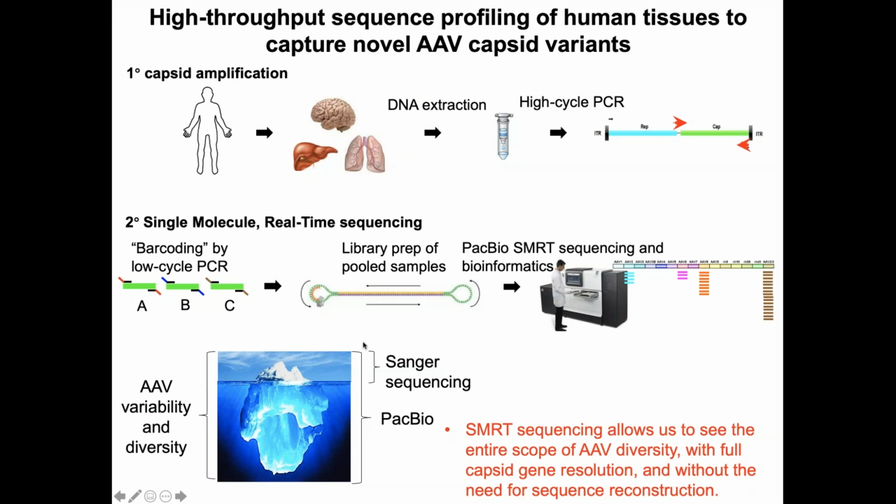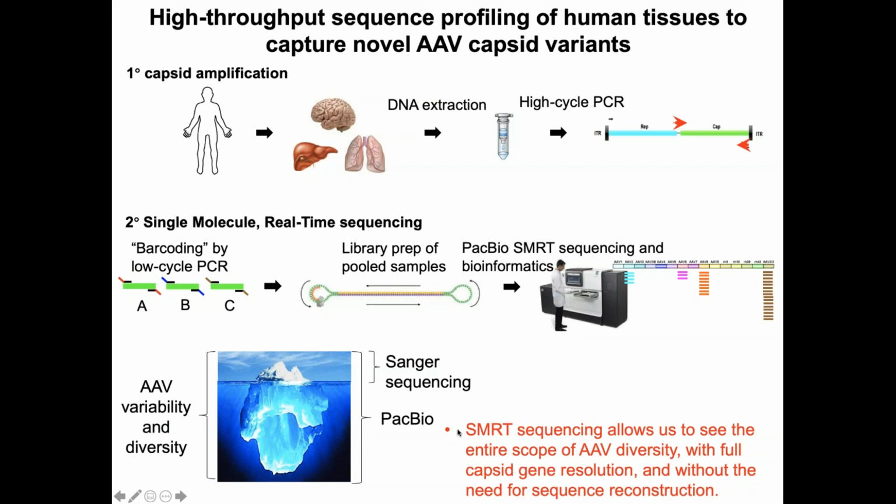Before, these techniques were really laborious because they depended on traditional methods like Sanger sequencing. And we like to say in the lab that these traditional approaches are only looking at the tip of the iceberg, where now SMRT sequencing allows us to get the full variability and diversity of AAVs that can be discovered in nature.